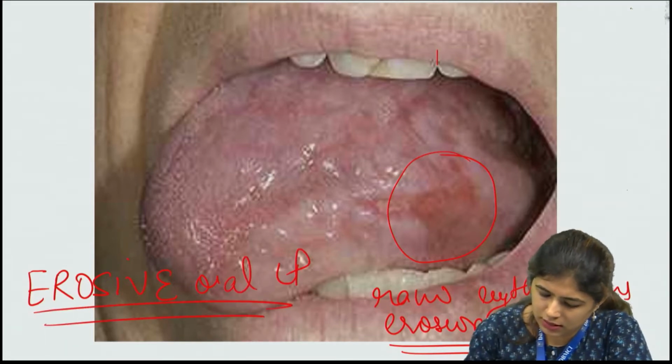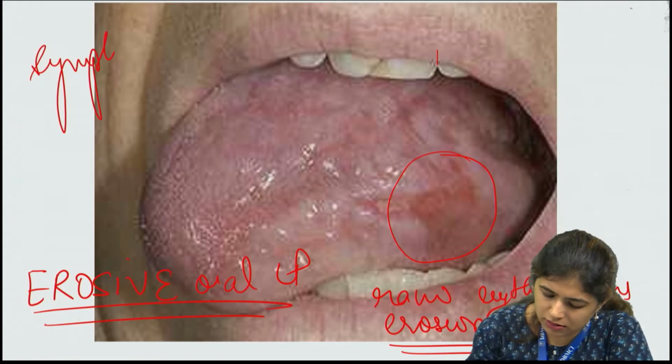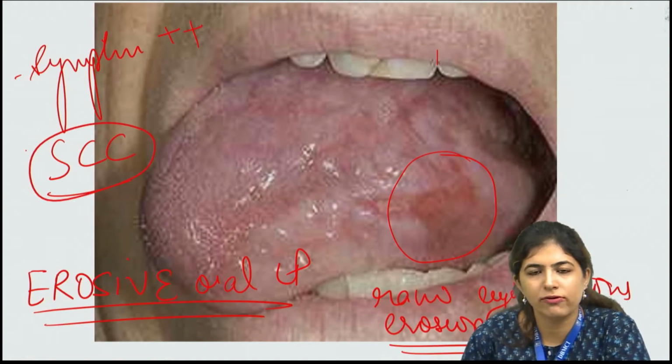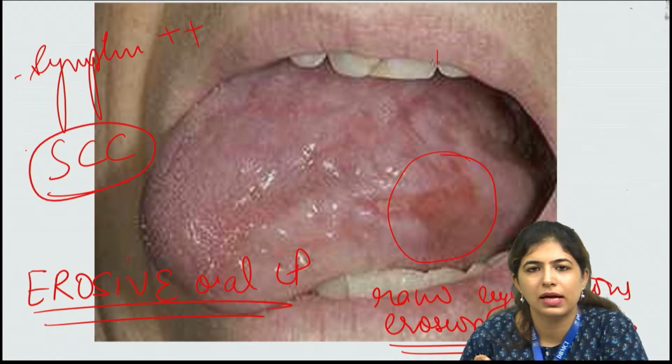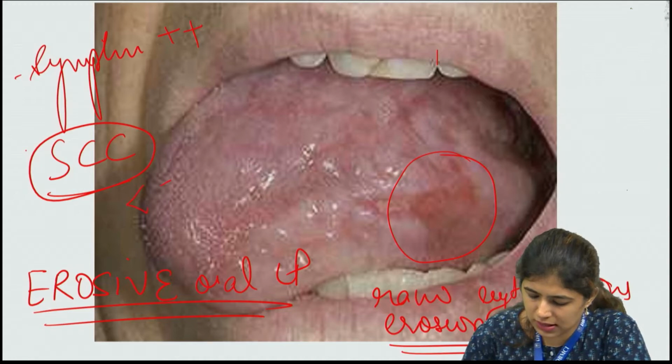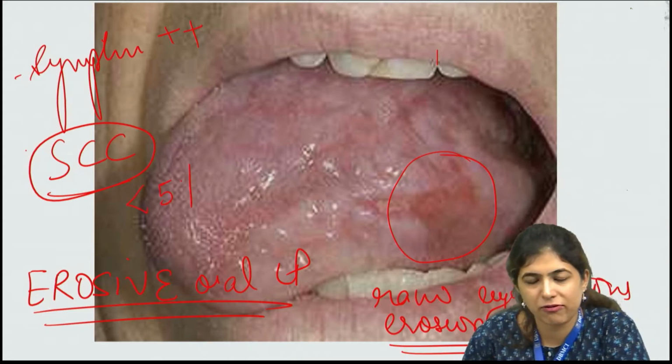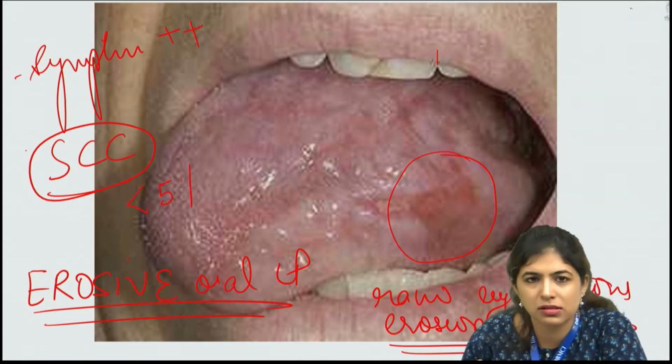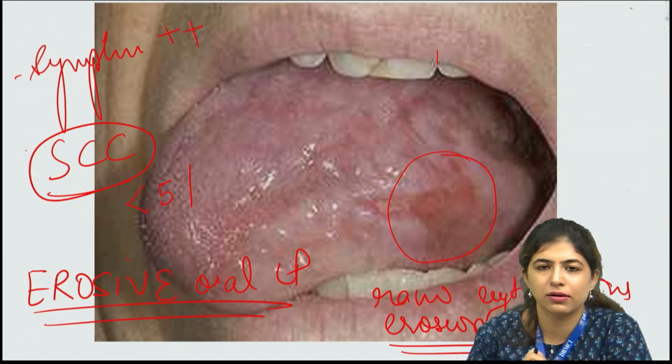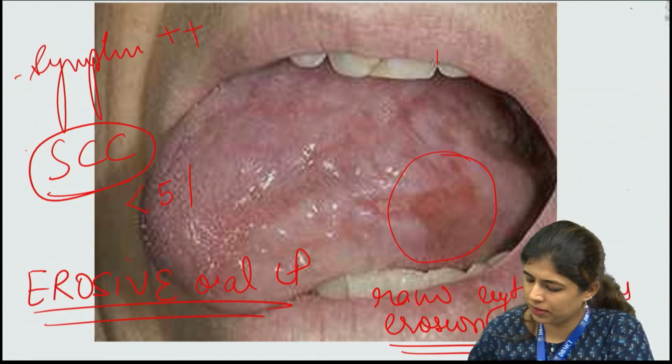Here symptoms are quite severe, plus, as I already discussed, a risk of squamous cell carcinoma happening in the future. Although the risk is low, it's less than 5%, nevertheless, it is there. Clear to everyone?